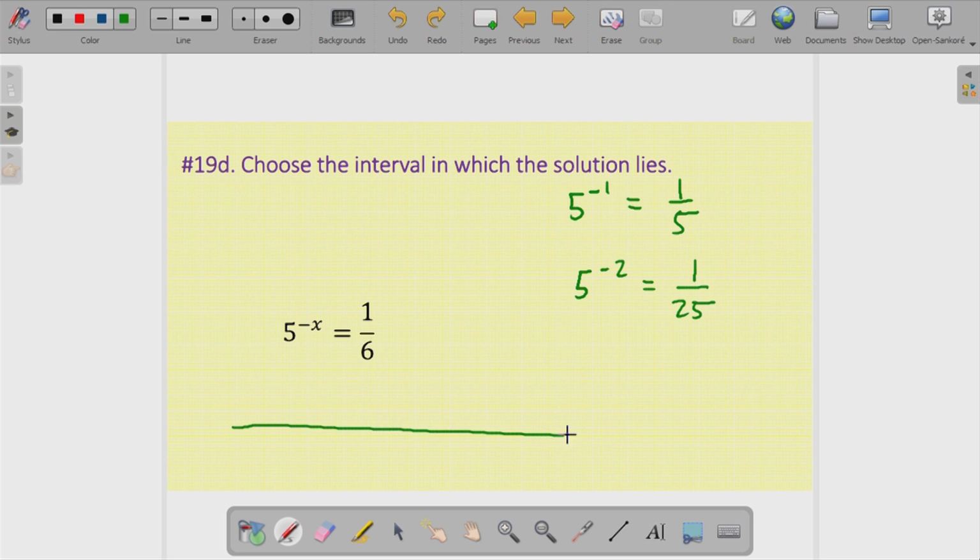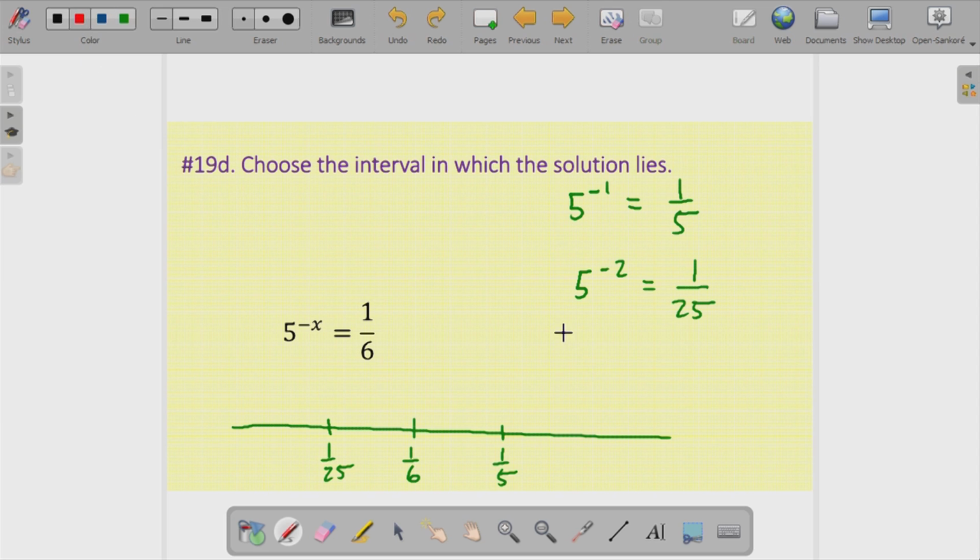On the number line, 1/6 lies in between 1/25 and 1/5. So I know that this is going to bracket the solution. By the way, my drawing is not to scale here. I'm just trying to demonstrate the order.